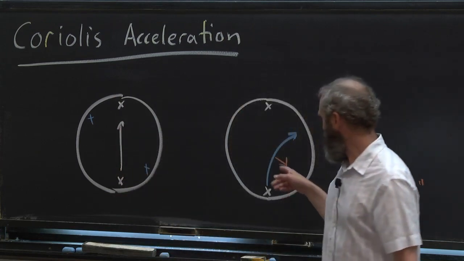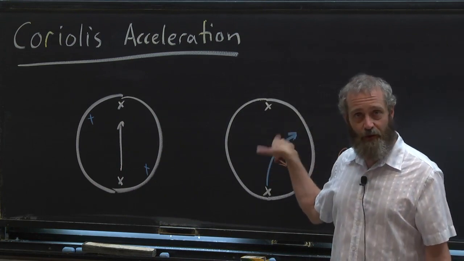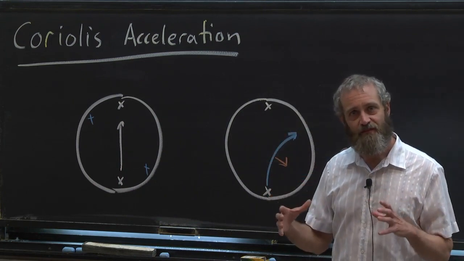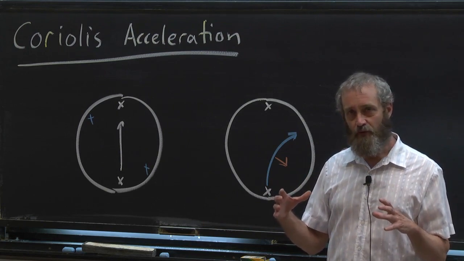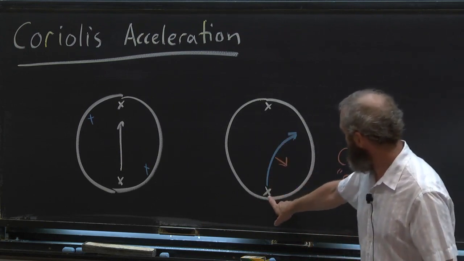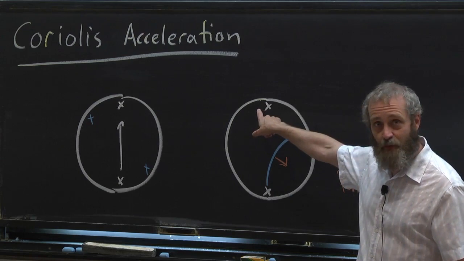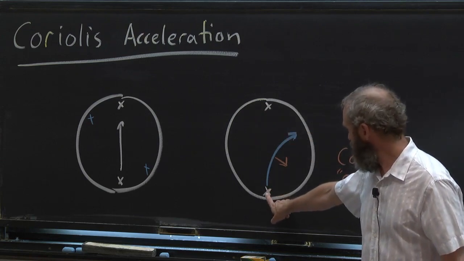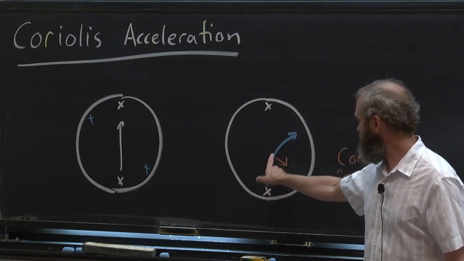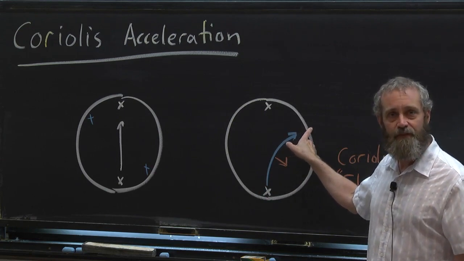But if we want to spin around with the merry-go-round and still make sense of things, what we actually see is that we don't see Bob or Alice moving anymore, and the ball that Bob throws looks like it curves off to the side.